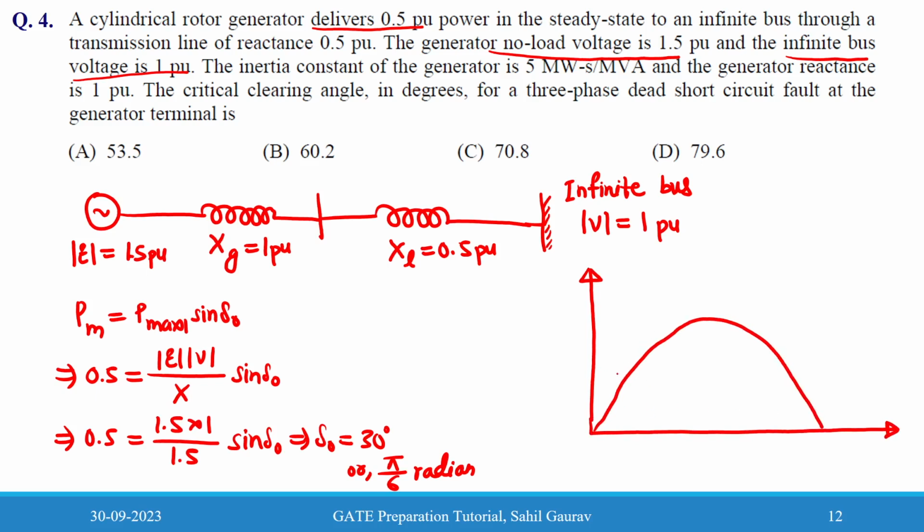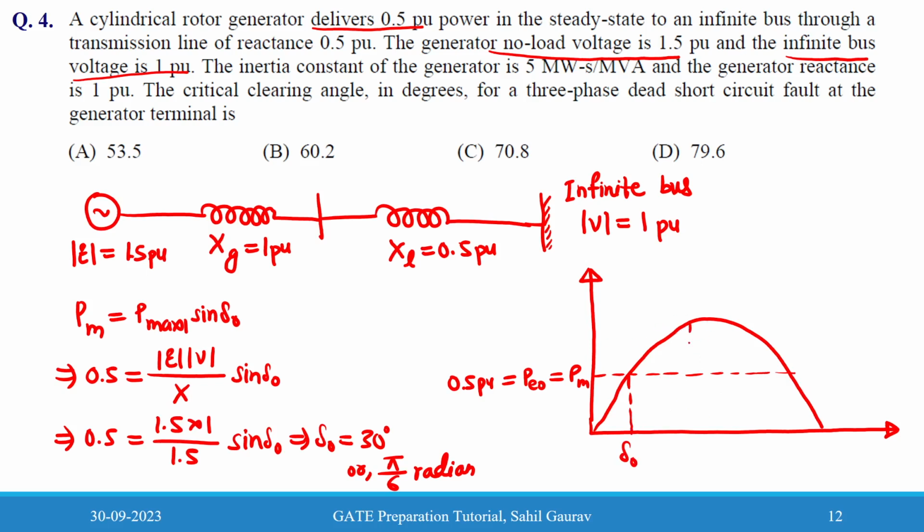So the initial rotor angle is at Pm, that is Pe naught is given as 0.5 per unit, so delta naught is given as 30 degree, and the fault occurs at this side, so it is cleared at critical time.